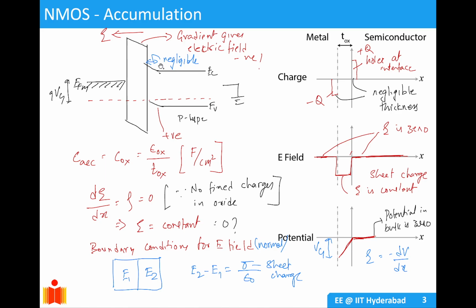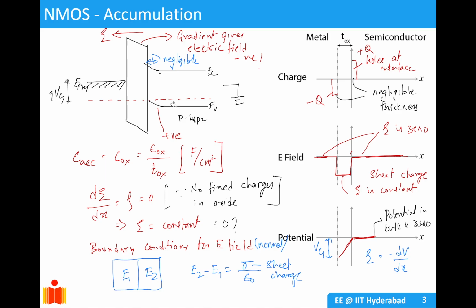Now, when you apply bias, last week we studied that it can go into accumulation, depletion, or inversion. First is accumulation. In accumulation, your electric field is from the semiconductor to the metal for a p-type semiconductor.